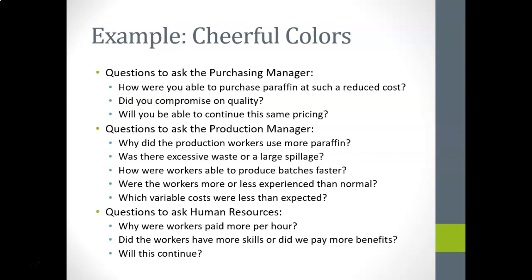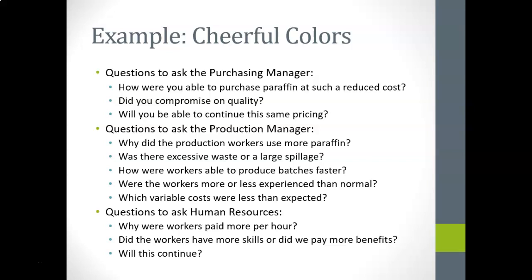Now, the production manager might also be called the foreman. This is the person that's in charge of the workers out on the factory floor. And they're responsible for the efficiency variances. How much paraffin did we use? How many direct labor hours did the workers do?